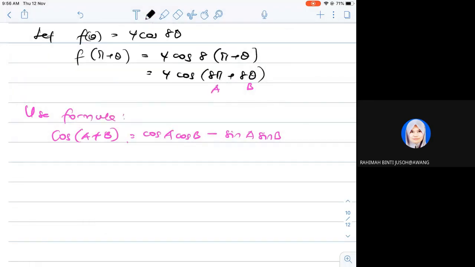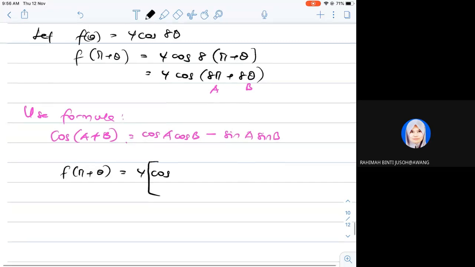So let us proceed. We will have f pi plus theta equals 4 cos A, A is 8 pi, so cos 8 pi cos 8 theta minus sin 8 pi sin 8 theta.